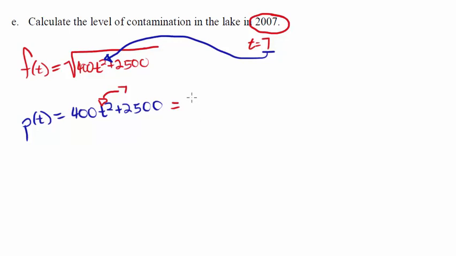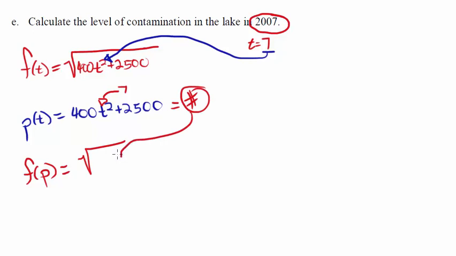Then I could take whatever this number is for the population and plug it into f of p. So I would take my answer here and plug it in. Alright, so let's look at trying this both ways.